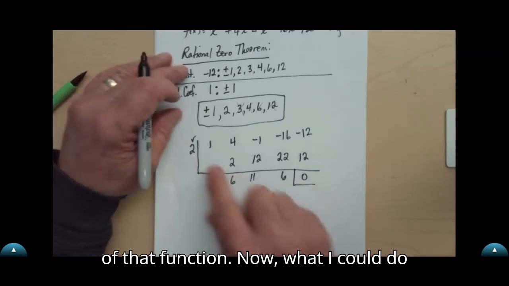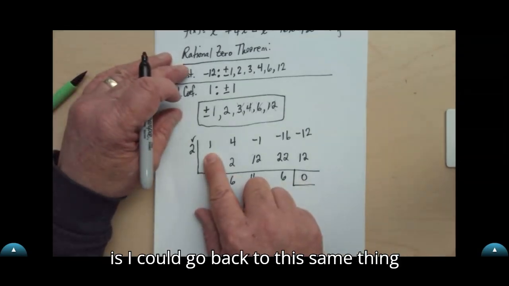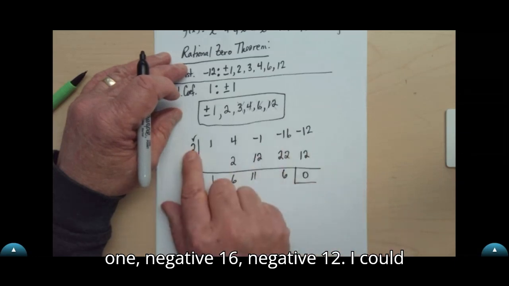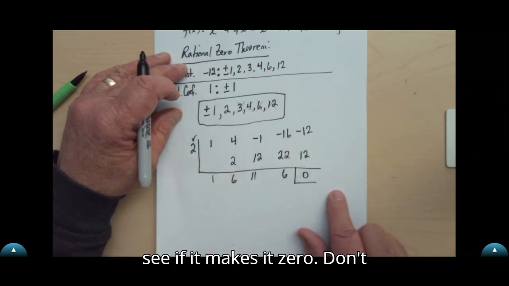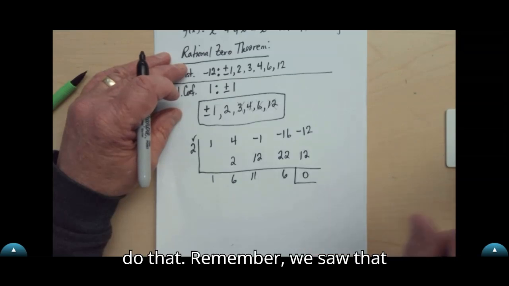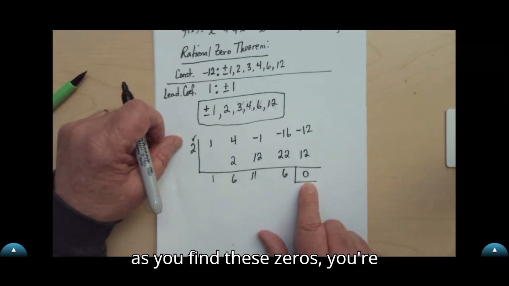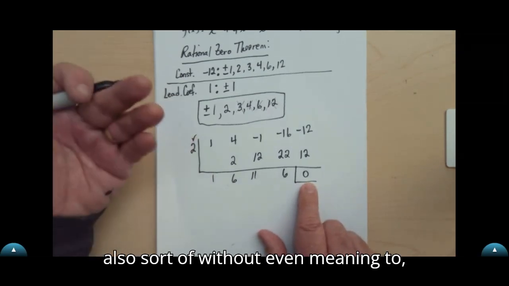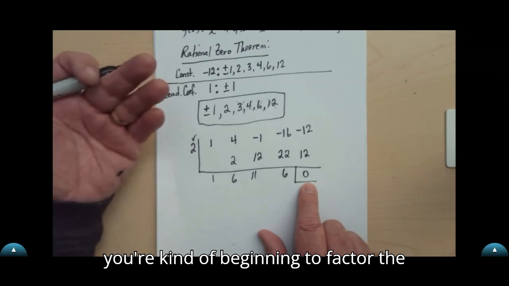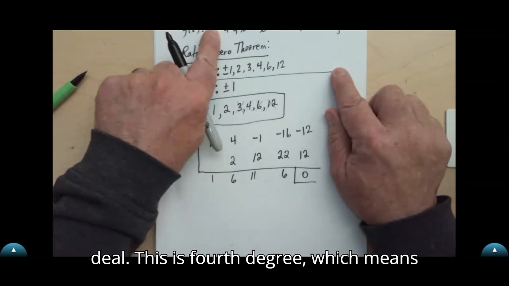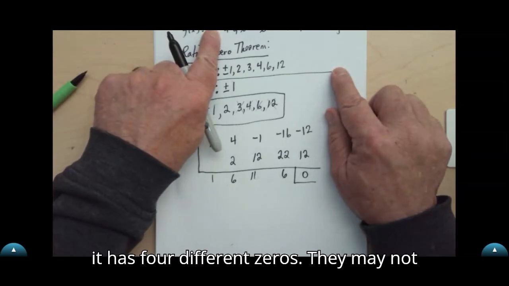Now, what I could do is go back to this same thing where I've got the 1, 4, negative 1, negative 16, negative 12. I could try a different number from my list and see if it makes it 0. But don't do that. Remember, we saw that as you find these zeros, you're also sort of, without even meaning to, beginning to factor the thing, right? So here's the deal. This is 4th degree, which means it has 4 zeros.